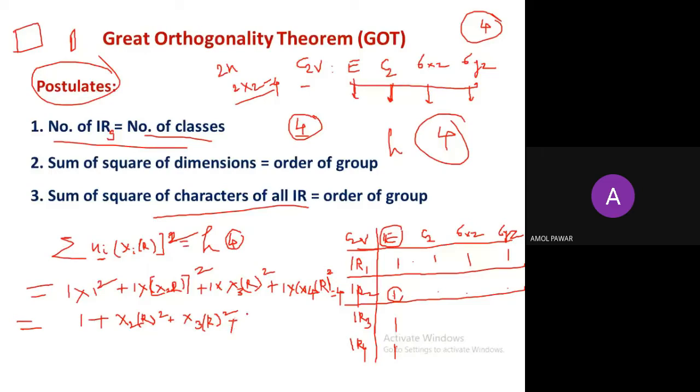Similarly, character 4 of irreducible representation square is equal to 4. Now which values I have to put here so that I will get 4? The question is which values of character 2, character 3, character 4, then I will get order 4.